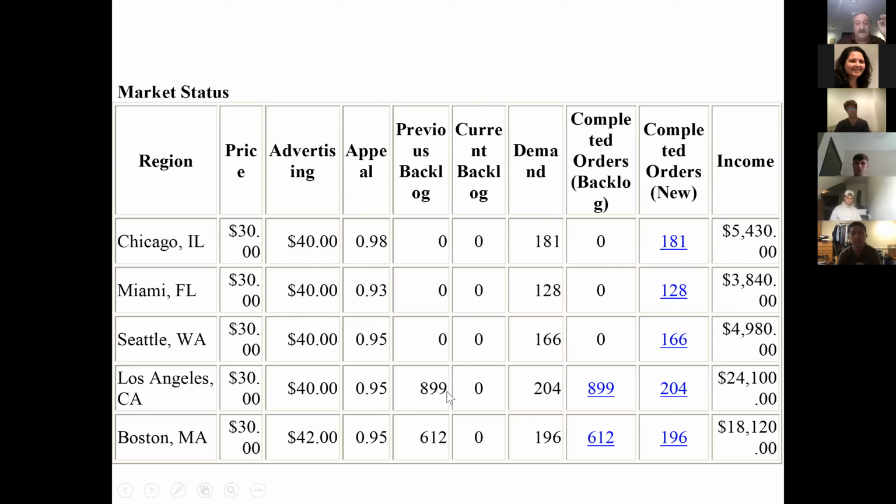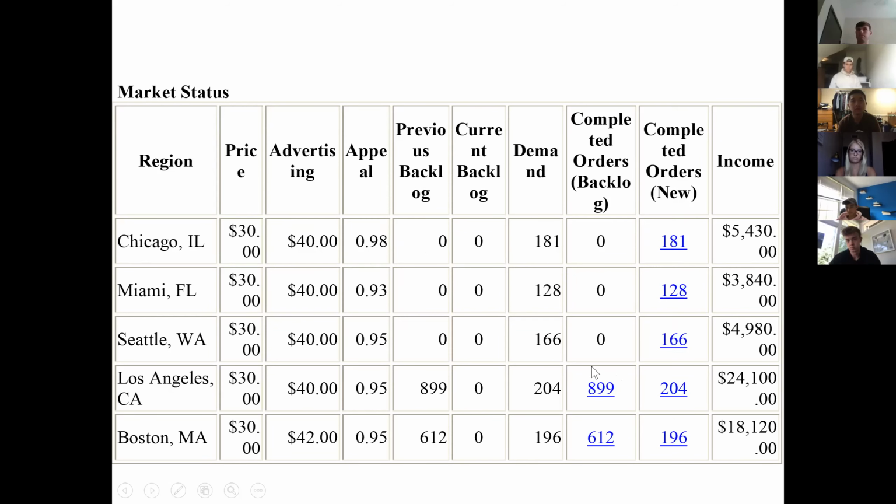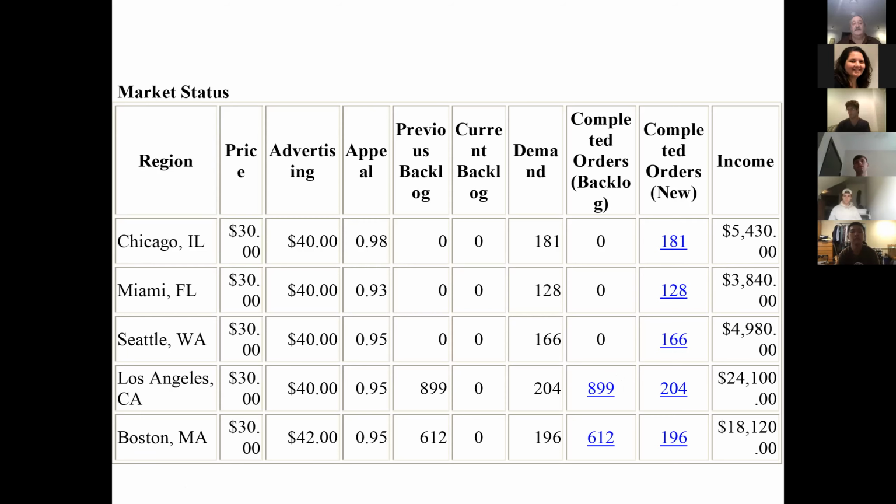In Los Angeles, you had back orders the previous period. They were filled this period. One of the rules is that before you sell any new orders, you have to fill your back orders. And when you fill your back orders, you're going to actually make a little bit less money than the price that they were sold at. There's a penalty for back orders, in other words.